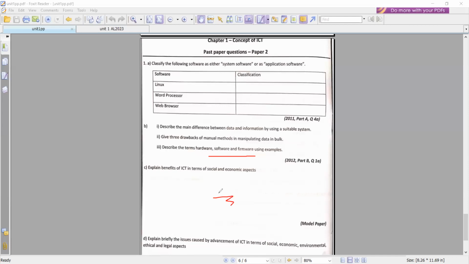Then you can have a good communication system. You can communicate quickly. Without sending letters, you can send messages and use emails, right? So better communication. Then improved quality of learning and educational media.